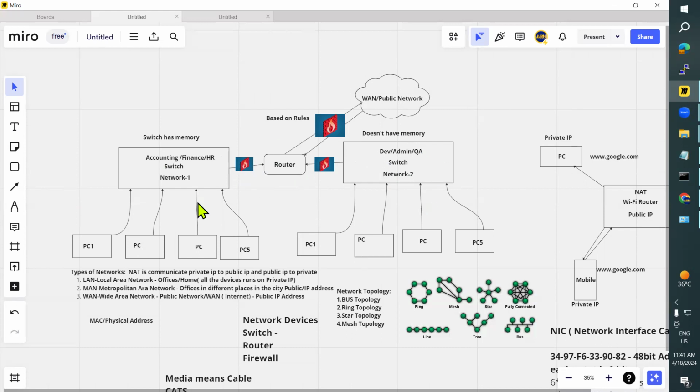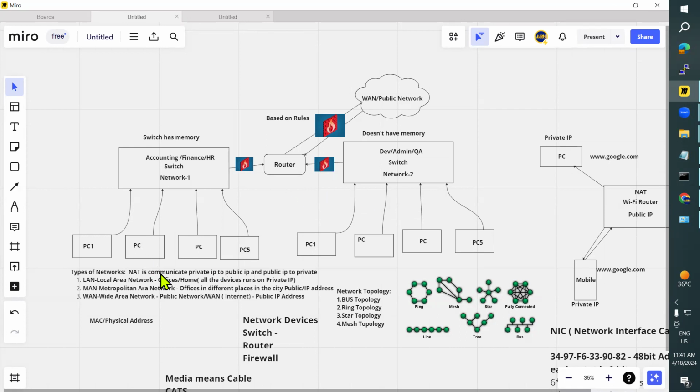So inside the company, in real time, we use firewalls to protect the network and reduce unnecessary usage. We use firewalls inside the network. These concepts we will discuss more in CCNA.